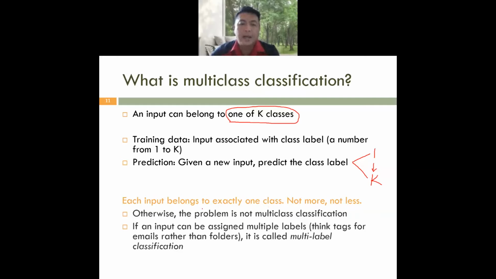Otherwise, the problem is not multi-class classification. If an input can be assigned to multiple classes, it is called multi-label classification.